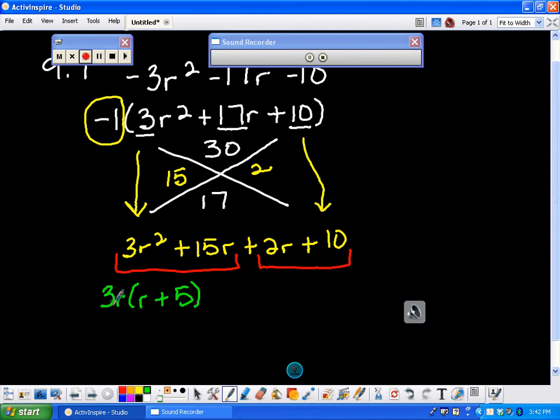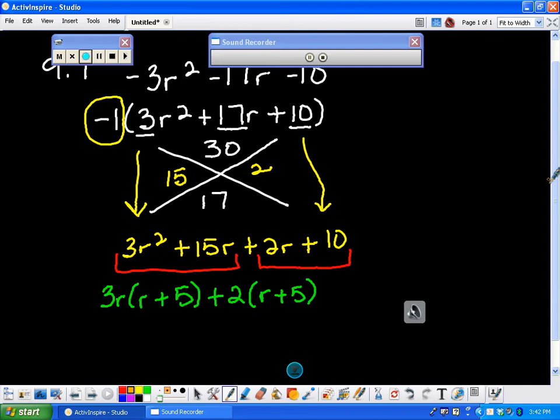And again, I can check that by distributing it back in and seeing if that's what it ends up equaling, which it does. Then I'm going to take 2 out of this, so I have r plus 5. And does 2 times r equal 2r? Yes. Does 2 times 5 equal 10? Definitely. So I've got these.